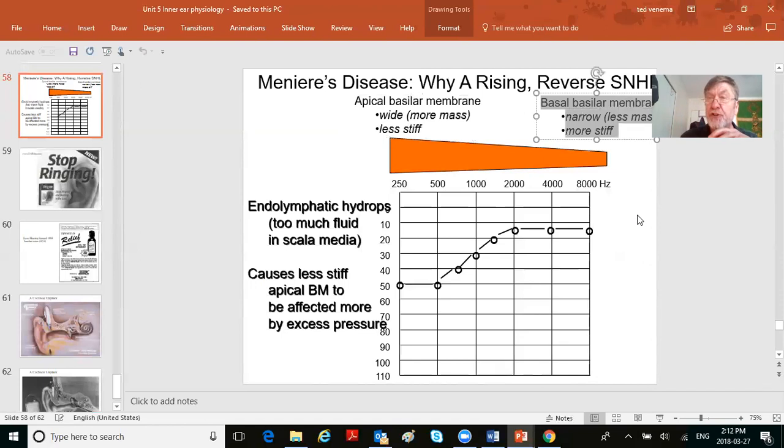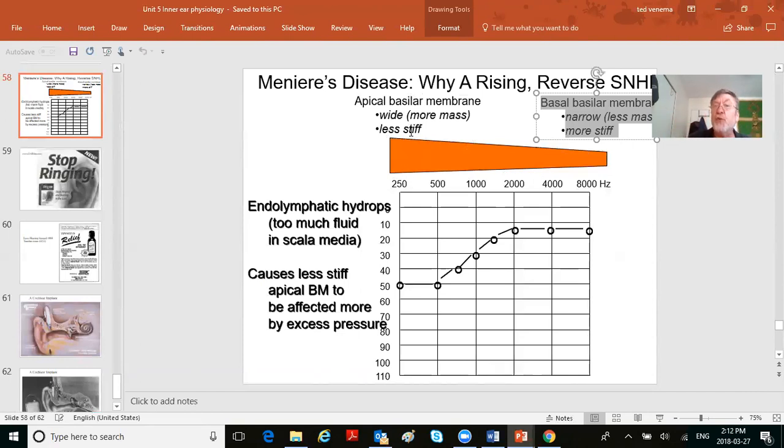Those who indulge bulge. Which walls are going to bulge? The walls that are less stiff. So it's the walls here that are really going to bulge with excess fluid more than the walls here, because the walls here are less stiff. Okay, remember, it's all about mass and stiffness.